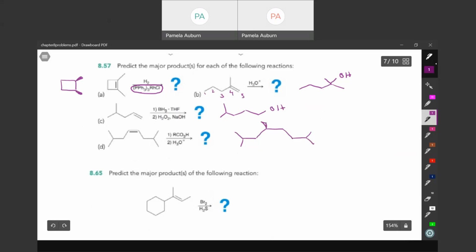So one OH will go one way and one will go the other way.